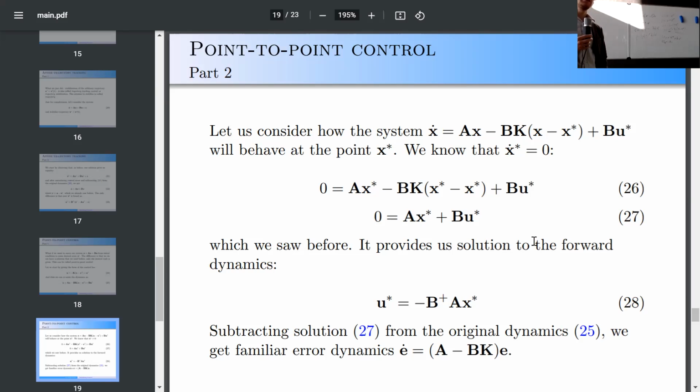Does this sound like a completely different process? I would argue that I just did the same steps, but in a different order. I proposed the form of the control law, substituted it into the original equation, then put in the solution. And notice that I knew that at the solution, x star dot is equal to 0. Why did x star dot have to be equal to 0 at the solution?